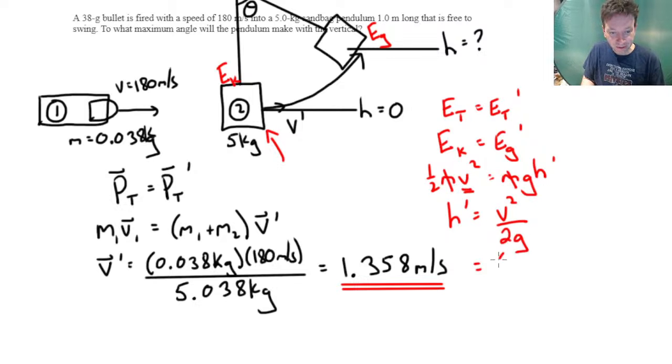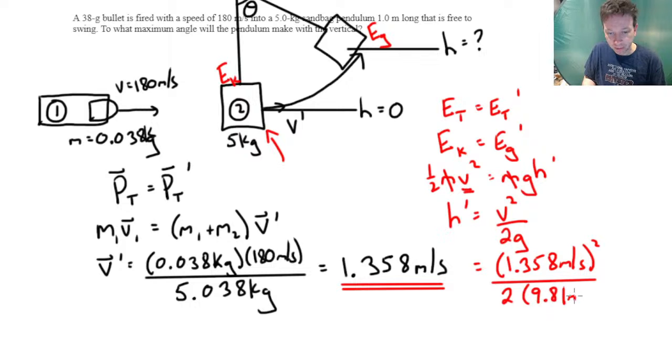So that equals 1.358 meters per second squared, all over 2 times 9.81 meters per second squared. That's going to give us our height.